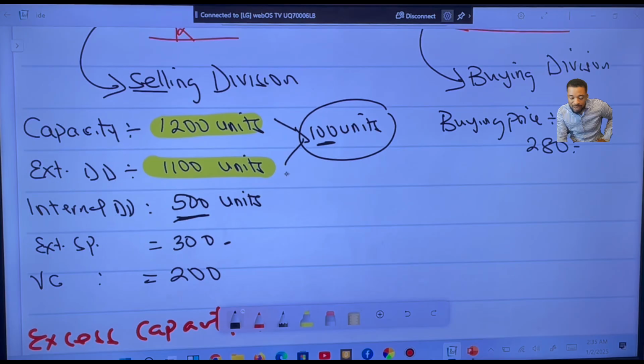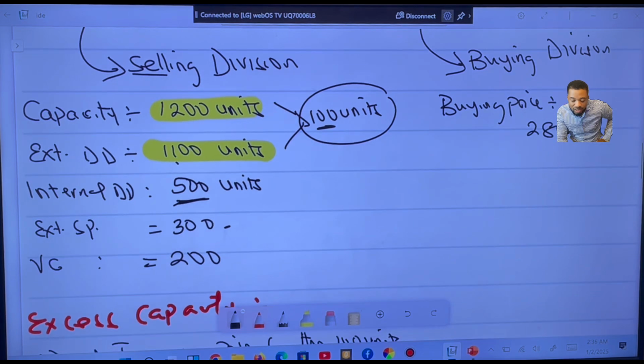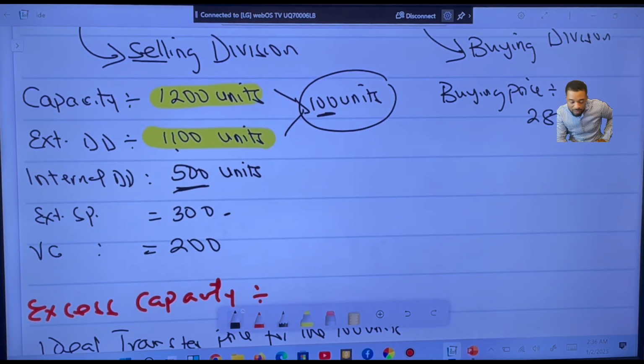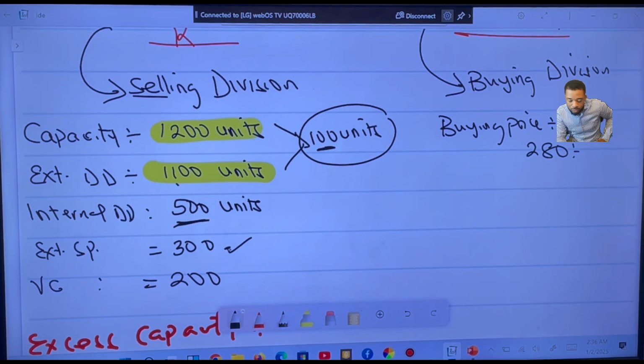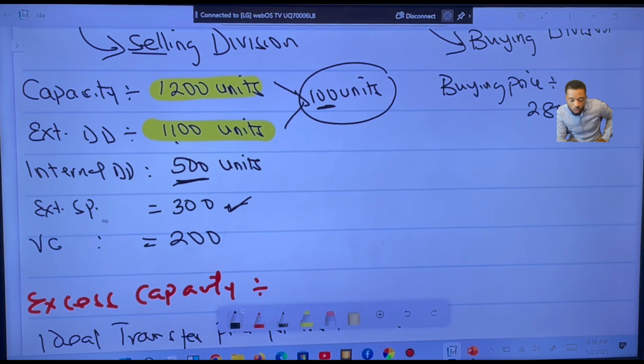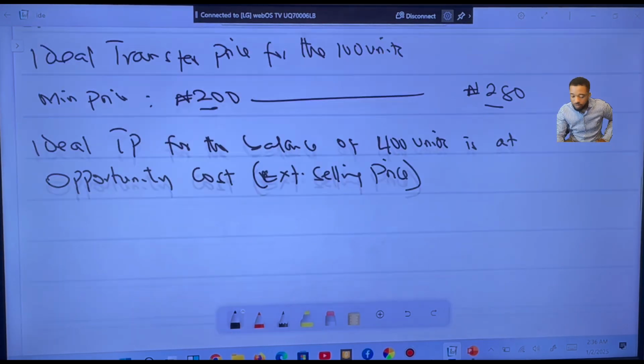It means that to maximize their profit, they will be selling this 1,100 at external selling price. So if they must sell anything to internal division out of this 1,100, they must be transferring it at opportunity cost. Reason being that if they don't do that, their profit will be reducing, because if they are selling to internal division, it will probably be lower than how much they are selling to external market, and so their profit at the end of the day falls.